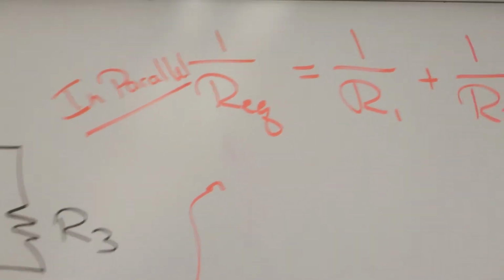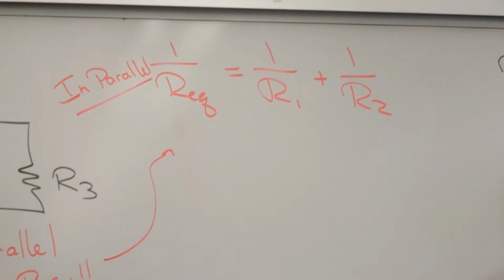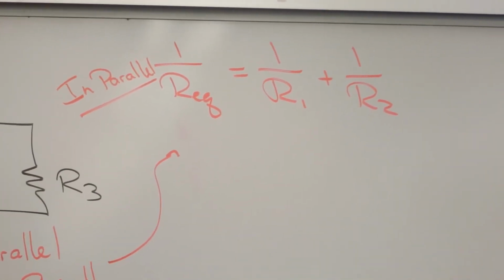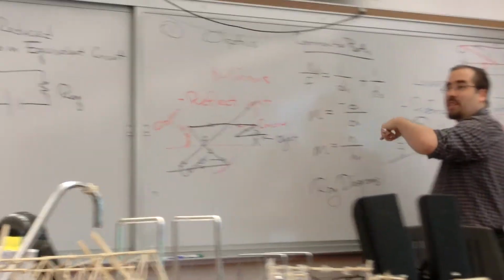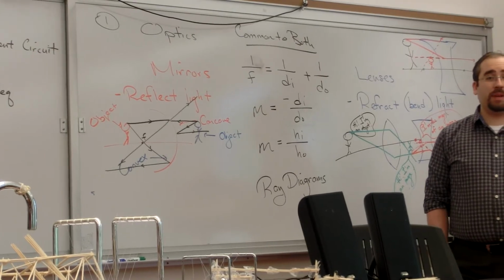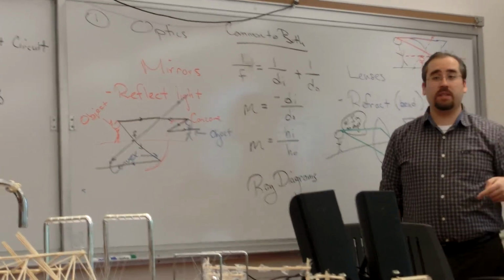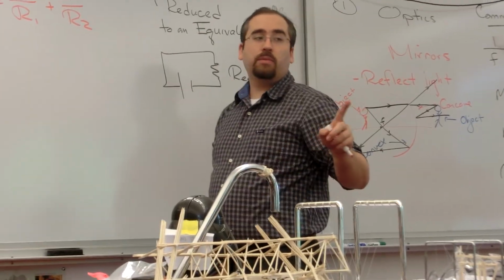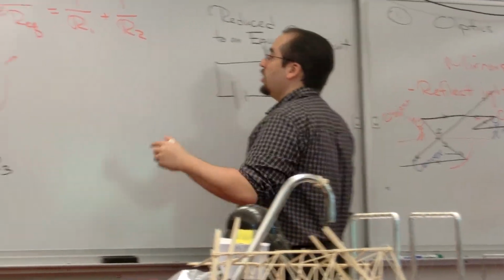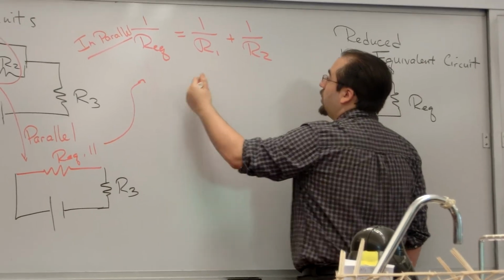One over R equivalent is equal to 1 over R1 plus 1 over R2. We get all these 1 overs, just like in here. This 1 over is a thing that keeps coming up. You can't get away from fractions in physics. So in this case, I could solve this.